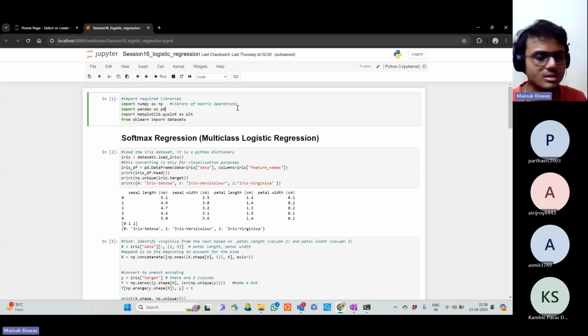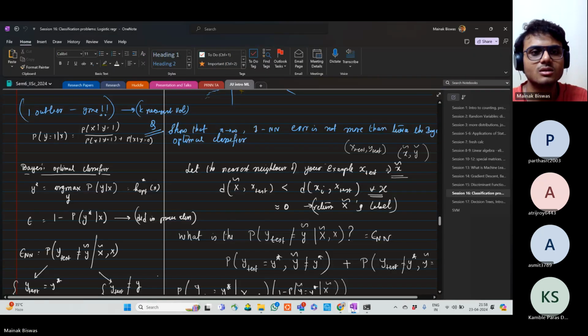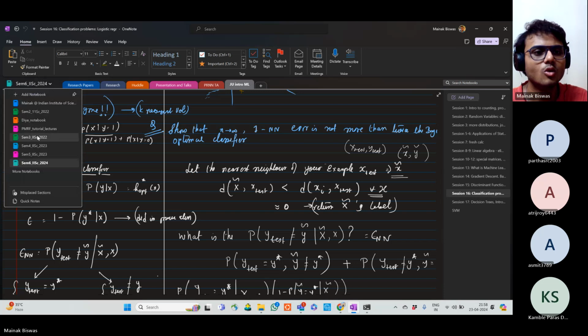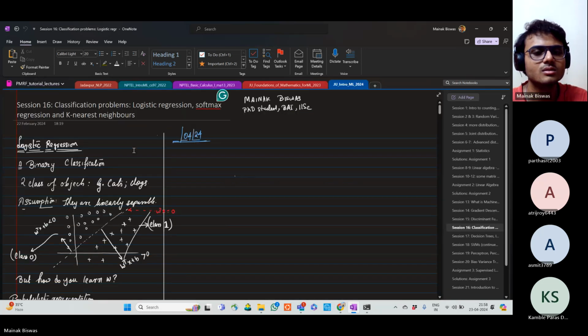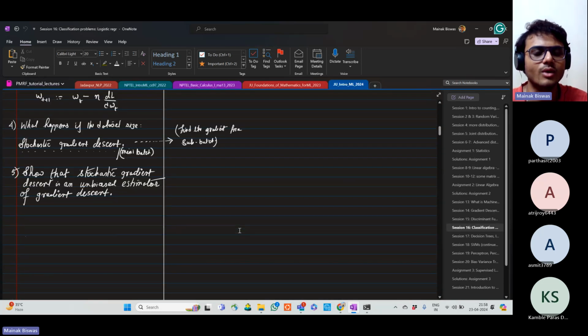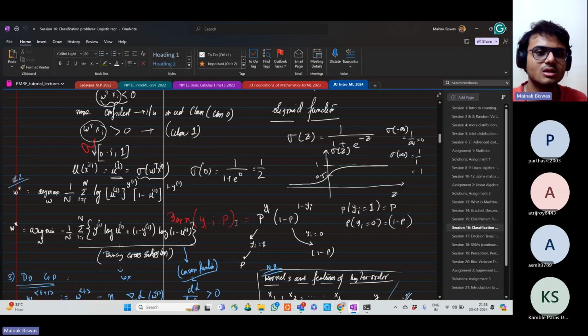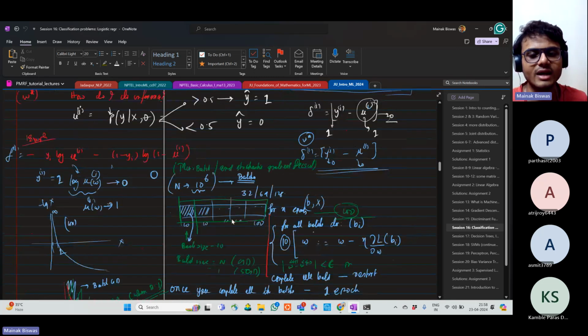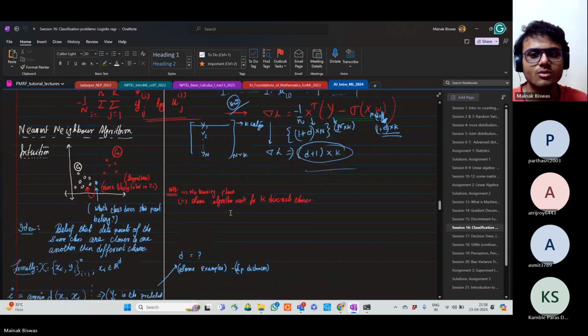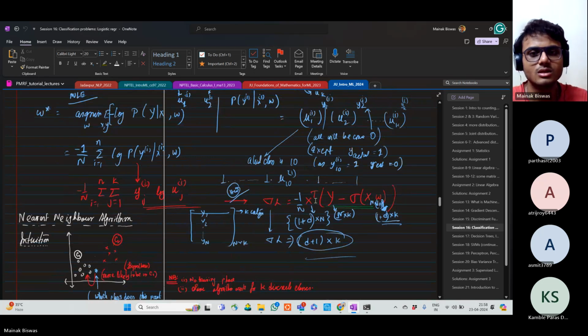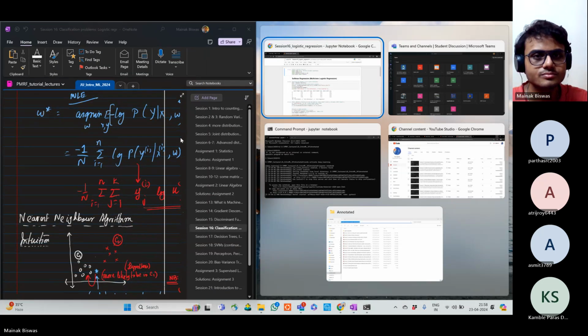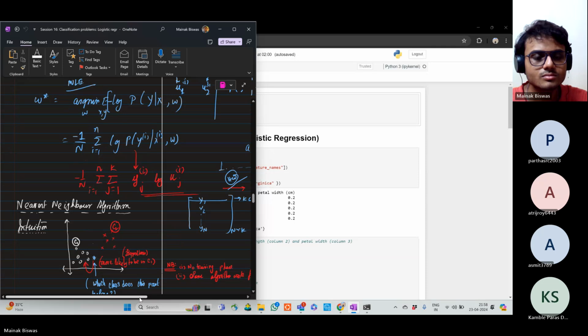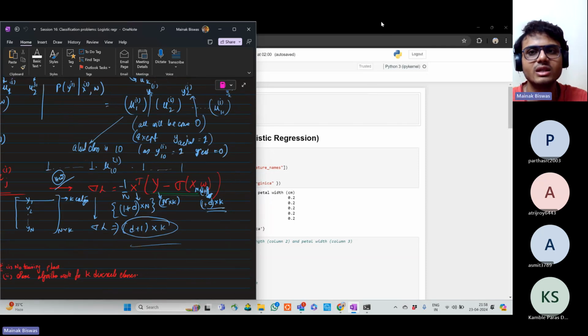Is my screen visible? Yes. So now I'll show you how to code this. I'll just keep this thing open in case it is required. So the final derivative we found out was here. In case we need it, we'll have a look.